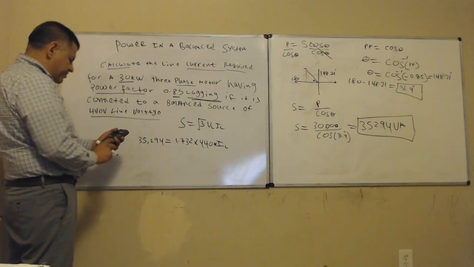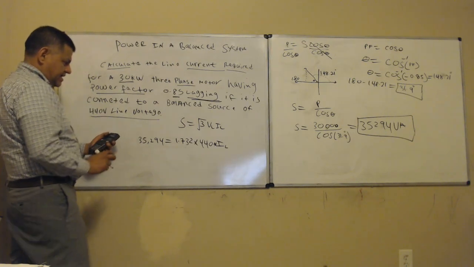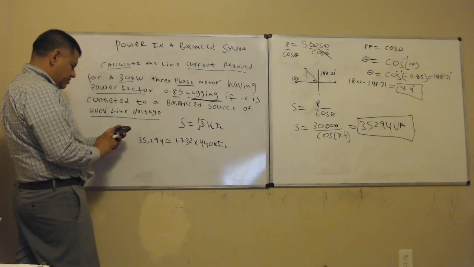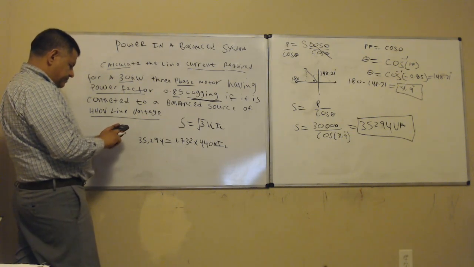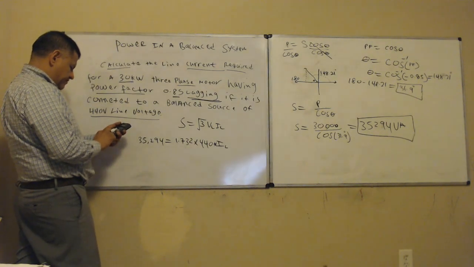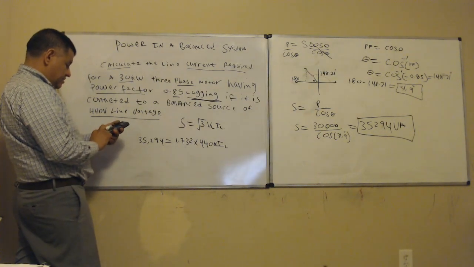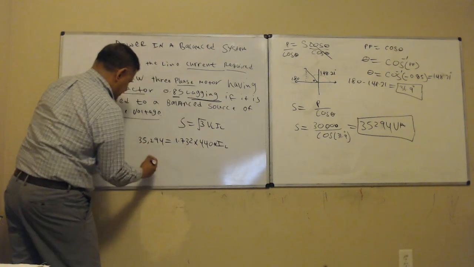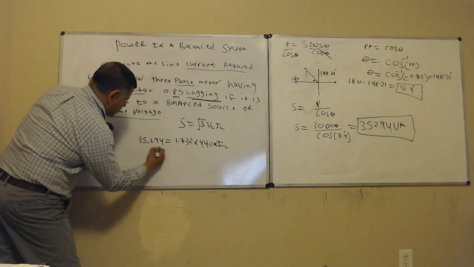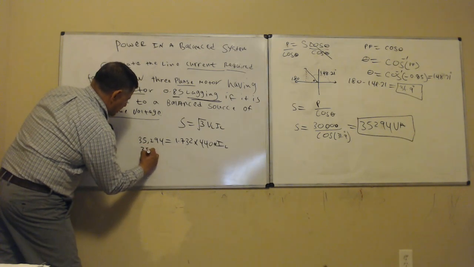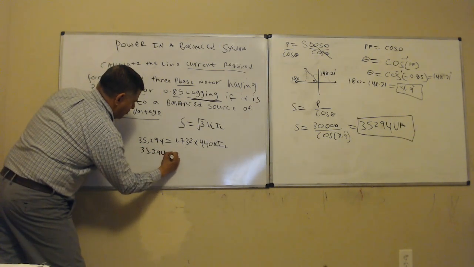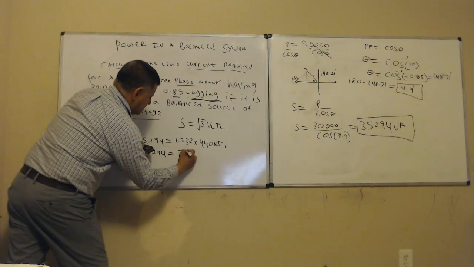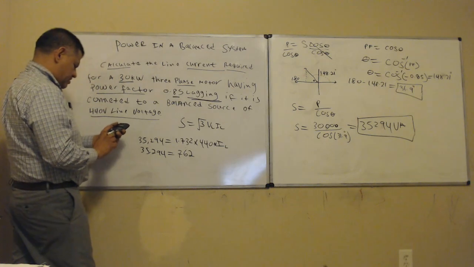Doing all this, I get 1.732 times 440, which is equal to 762, right?